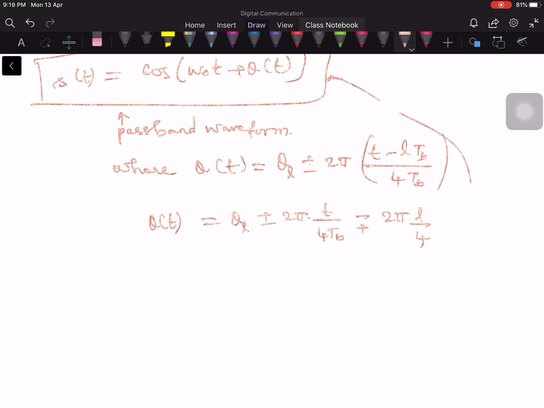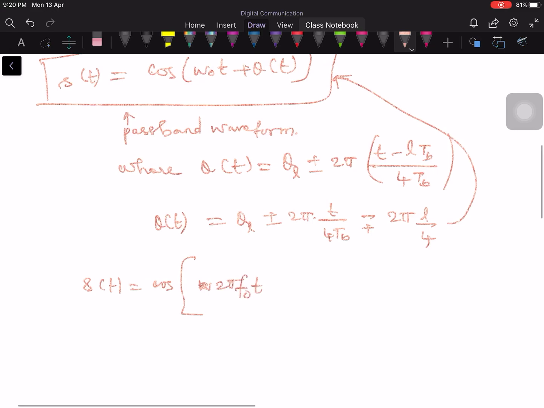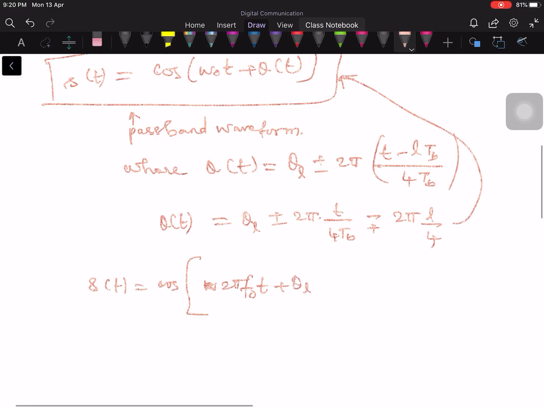Substitute this in this expression. Therefore, your modulated waveform s of t equals cos of omega naught t, where omega naught t I will write as 2 pi f naught t, plus theta L plus or minus 2 pi t over 4 TB minus r plus 2 pi L over 4.